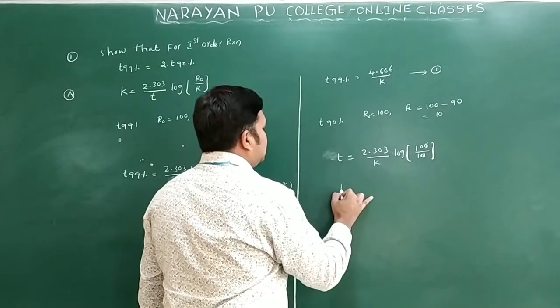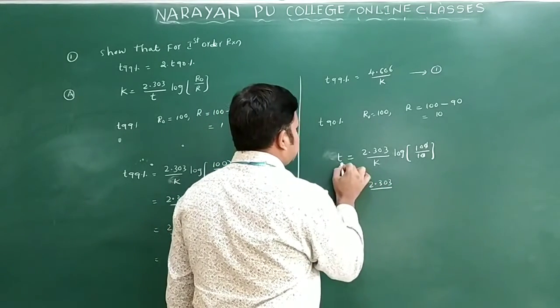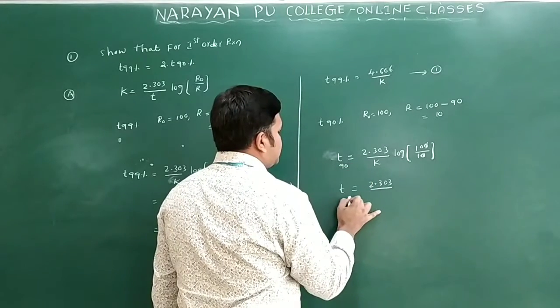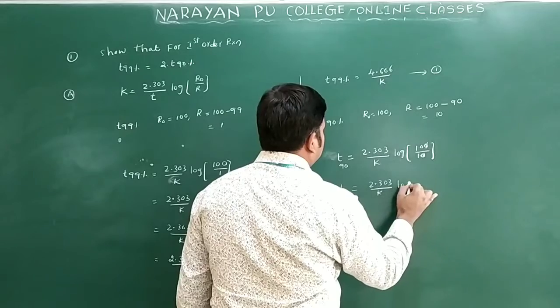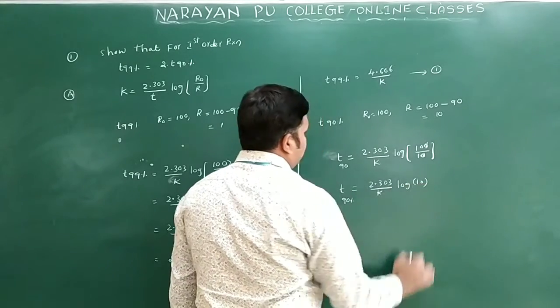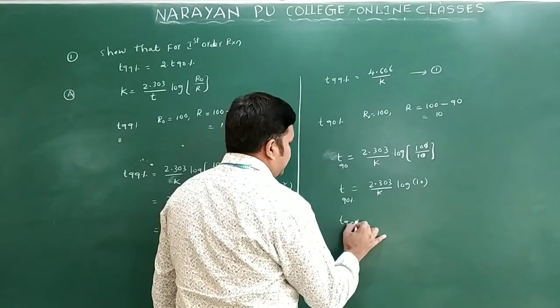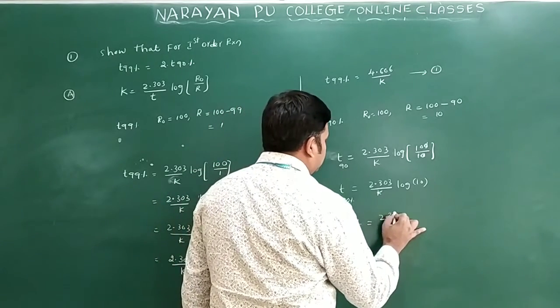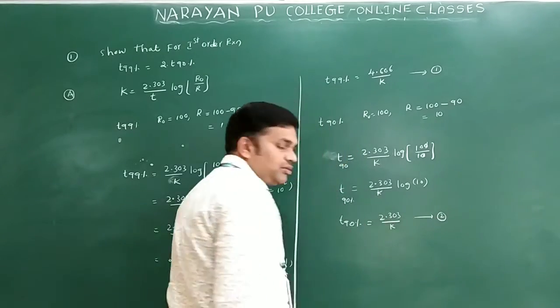Zero and zero cancel. Now this is T 90% is equal to 2.303 by K into log 10. Log 10 value is 1. From this you will write T 90% is equal to 2.303 by K. This is equation 2.